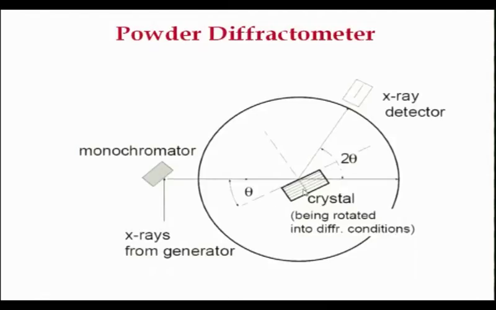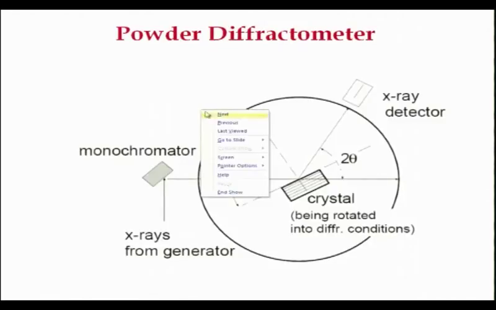There is a possibility of rotating the crystal as well as rotating the detector. For polycrystalline material you need only one of them; you do not need to rotate both. Either you rotate the sample holder or you rotate the detector. And what you get at the end is something like this.